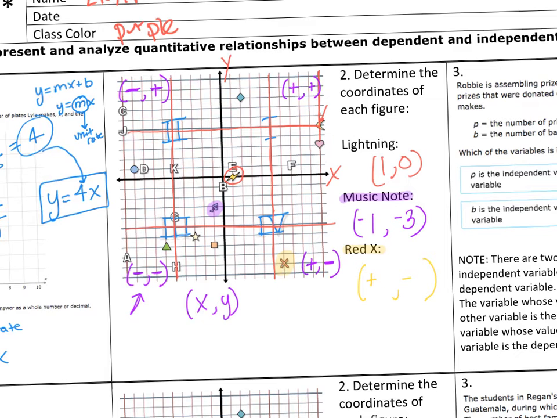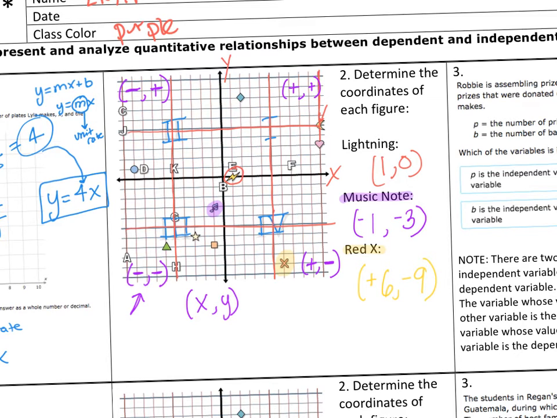So positive 6, comma, negative 1, 2, 3, 4, 5, 6, 7, 8, 9. So it's at positive 6, negative 9.